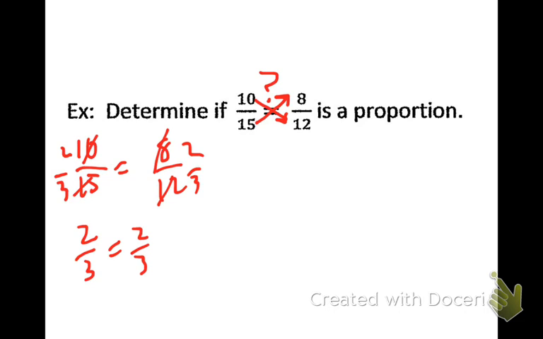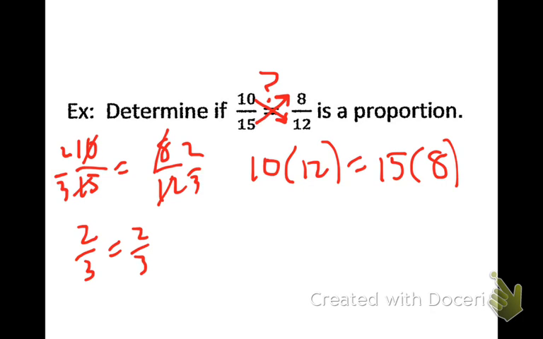So we take 10 times 12 is equal to 15 times 8. So that's going to be 120 is equal to 120. So then we have yes, that is a proportion.